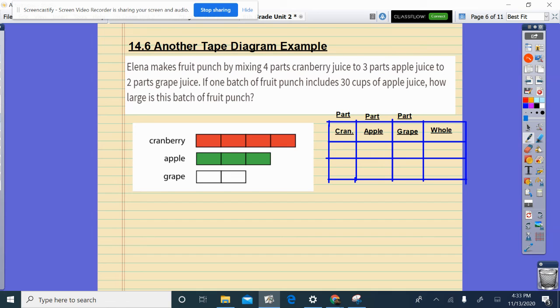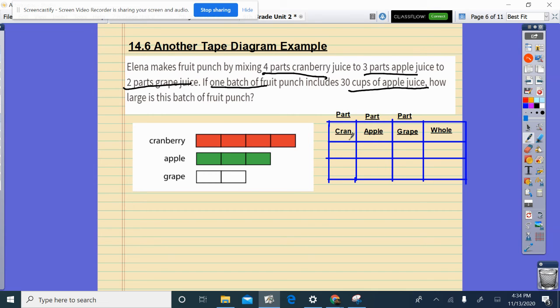Elena makes fruit punch by mixing 4 parts cranberry juice, 3 parts apple juice, and 2 parts grape juice. If one batch of fruit juice includes 30 cups of apple juice, how large is this batch of fruit punch? Well, let's see what we have here.